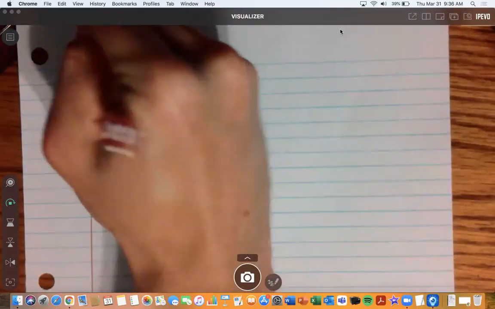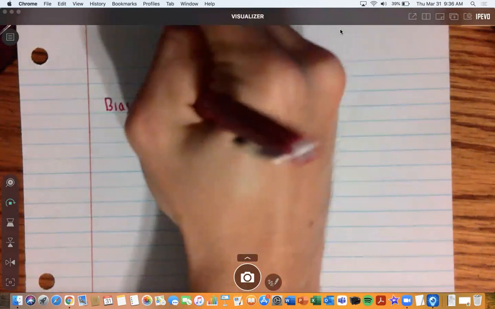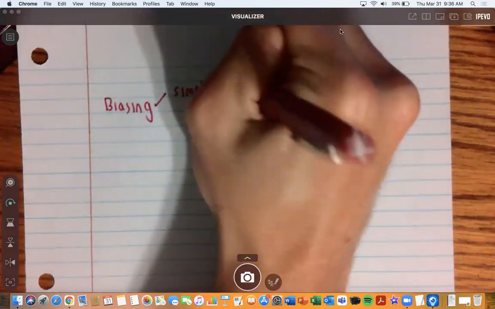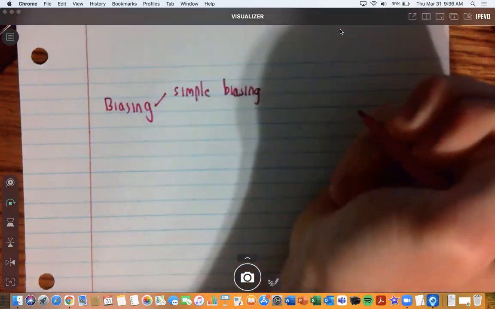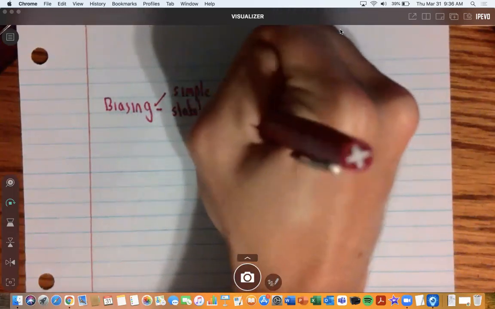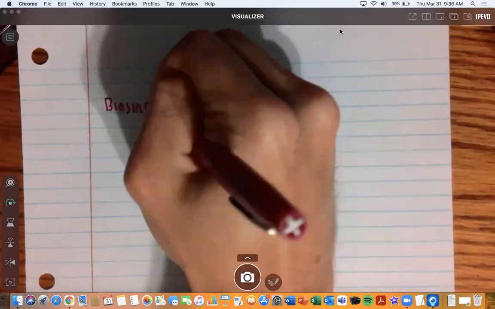So why do we do biasing? Well, there are three types of biasing. There's simple biasing, there's stabilized biasing, and finally there's a current source.